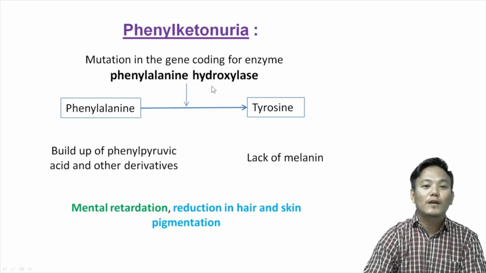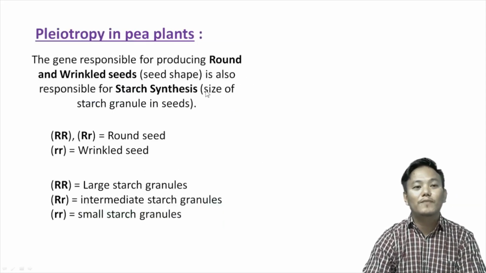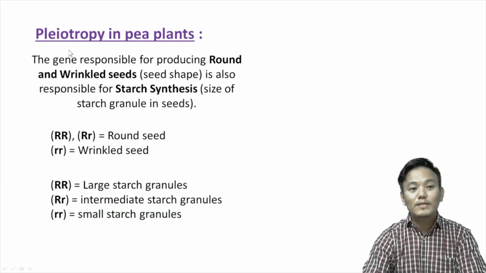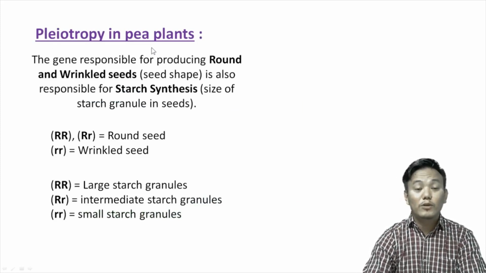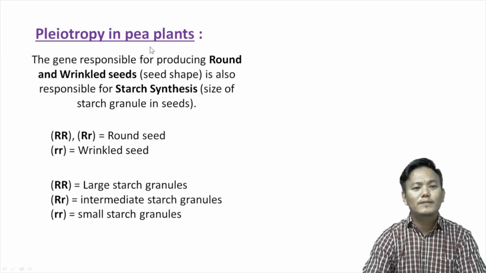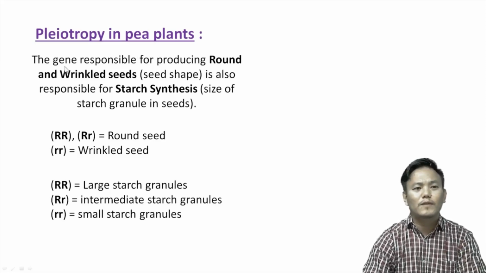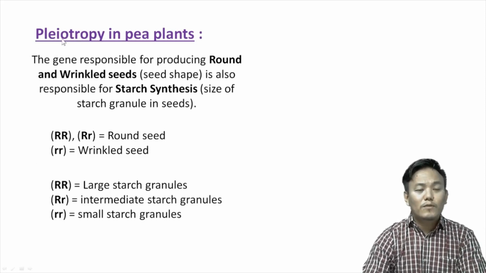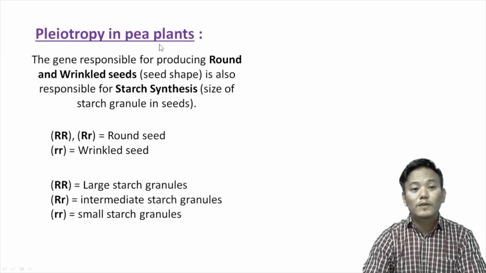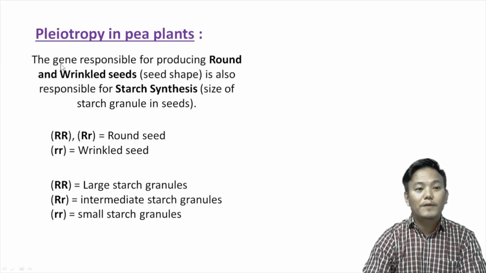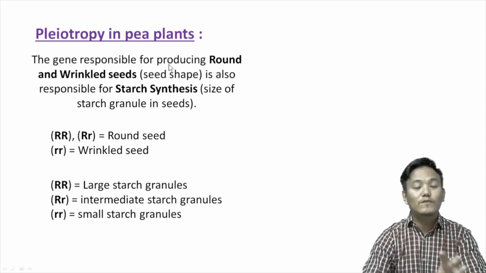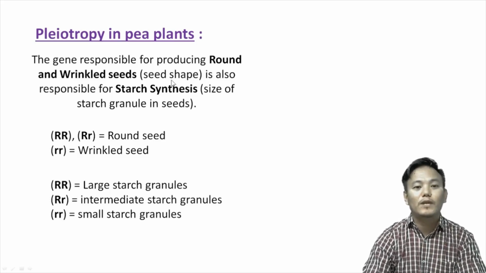Okay, so I will give you a second example of pleiotropy. The second example will be pleiotropy in pea plants. You will not see this particular example in the pleiotropy section of your textbook, but it is given in the codominance section, so you may want to write it down as well. In pea plants, let's say we have a gene which is responsible for seed shape, round and wrinkled seed.